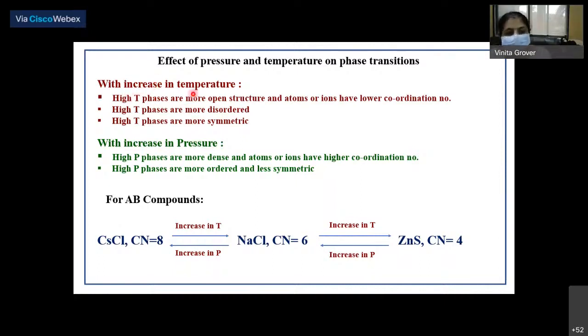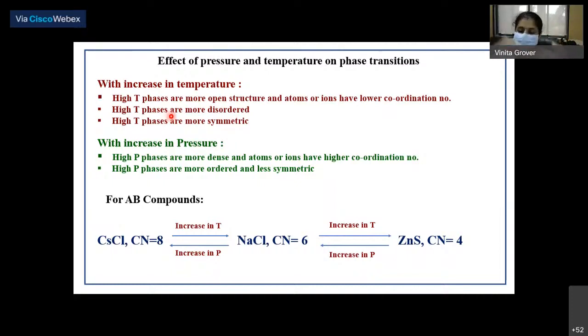The high temperature phases are always more open structures. Because they expand and want to become more symmetric, the atoms or the ions have lower coordination number. High temperature phases are more disordered because a lot of energy is there.